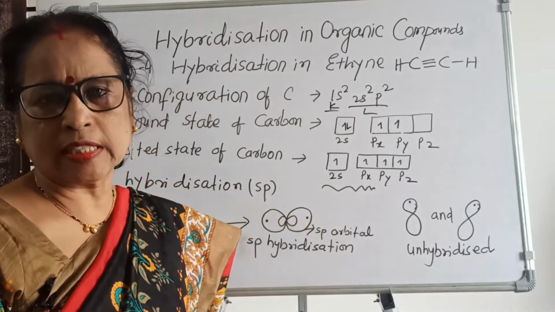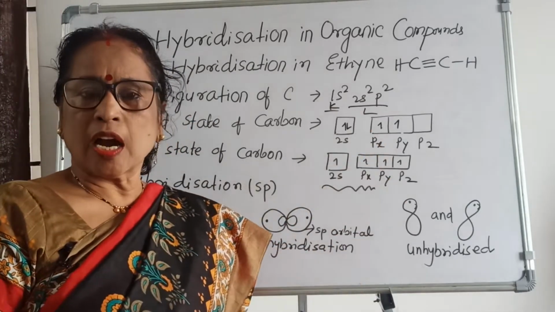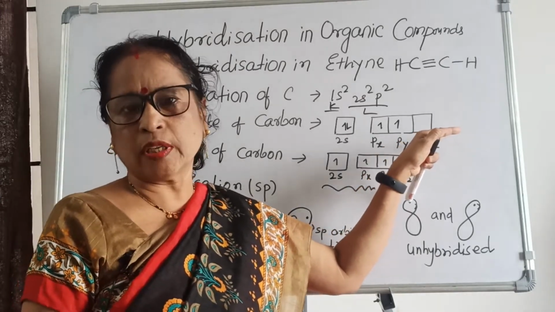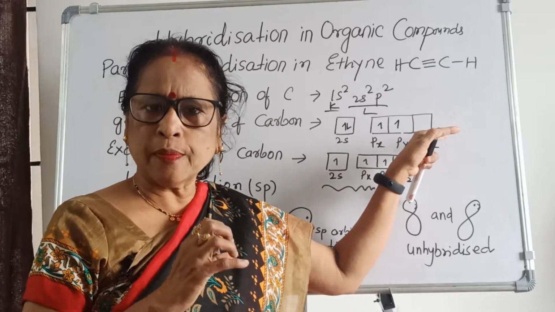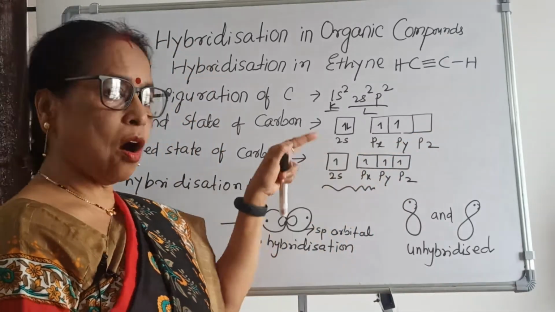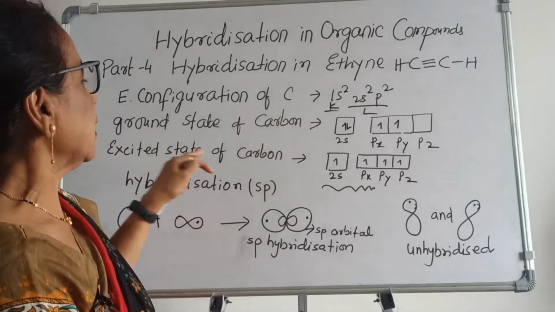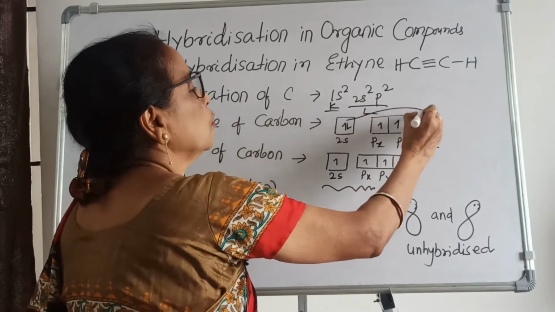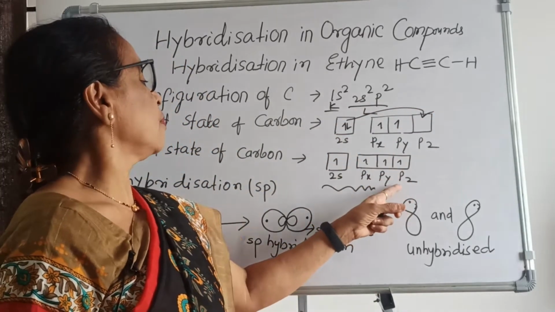The valency of carbon is 4, so we can't say only 2 bonds are formed, because the bonds should be 4. That means there should be 4 unpaired electrons. So in the excited state of carbon, one 2s electron jumps to the pz orbital.